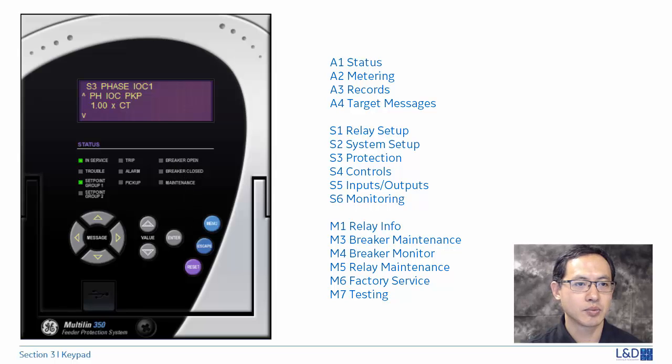Okay, so the last one, we're going to go to the maintenance. We press the arrow key to the bottom. Then we press enter. The first, M1, is the relay information. It's very useful to let us know the actual relay's order code and firmware number.